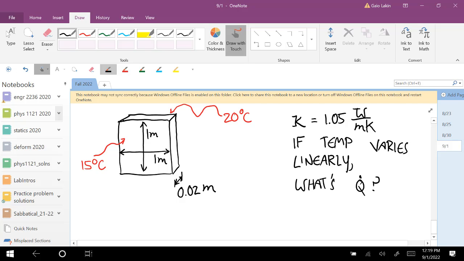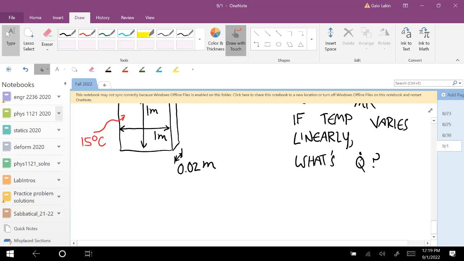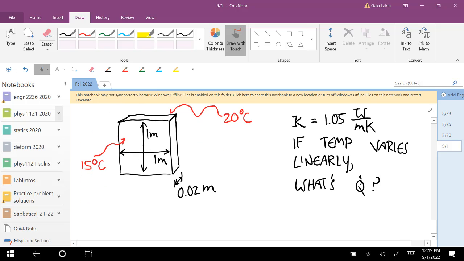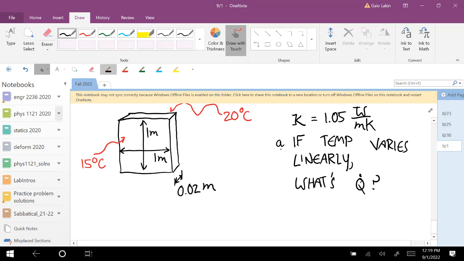We're going to calculate Q dot, and let's say that this is part A. But second, I want you to notice that with all of these, the sign convention used for the heat transfer can't necessarily be used as the sign convention for the first law. So you have to do this calculation, understand the direction of heat transfer, and then think about how that fits into the first law.